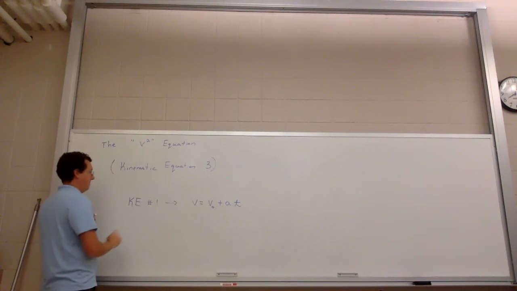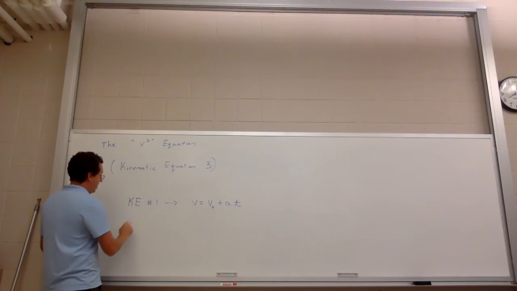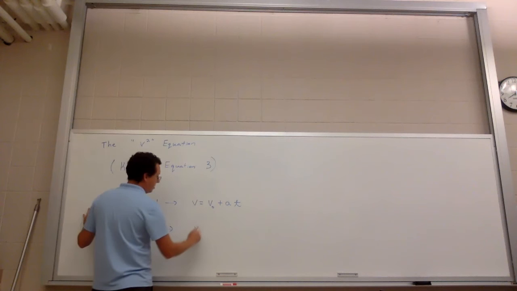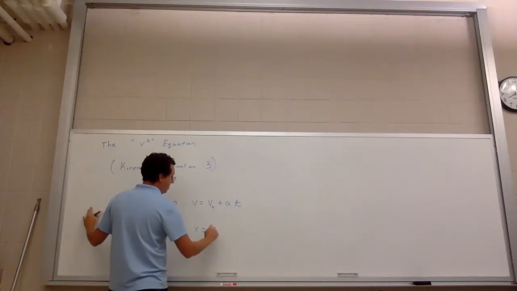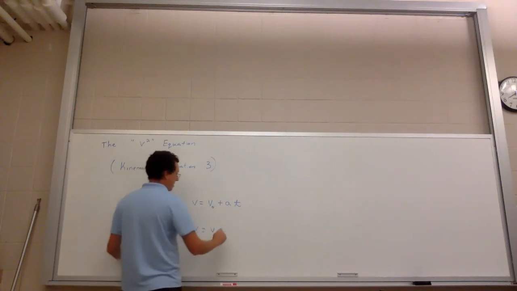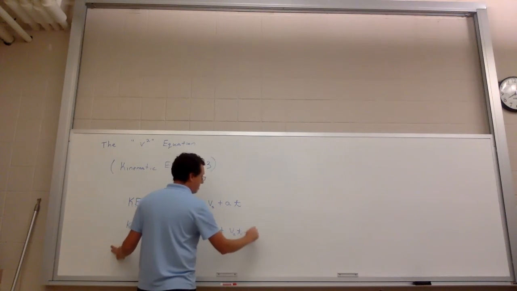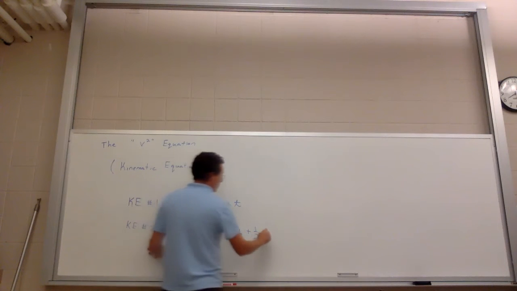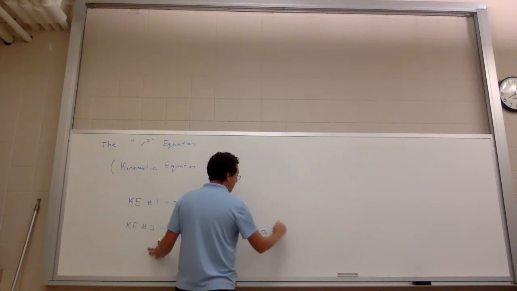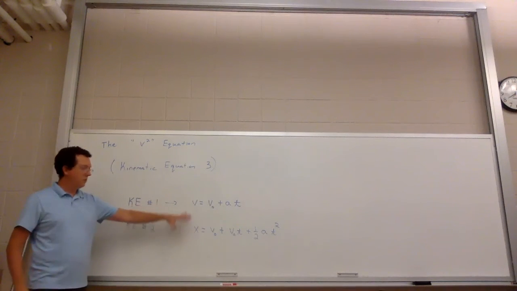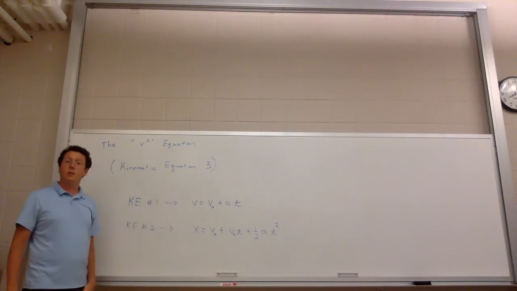And kinematic equation number 2 said that the position as a function of time is equal to the initial position plus the initial velocity times time plus 1/2 the acceleration times the time squared. Those are the two equations that we derived in the last two videos.